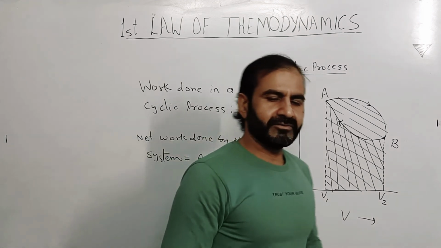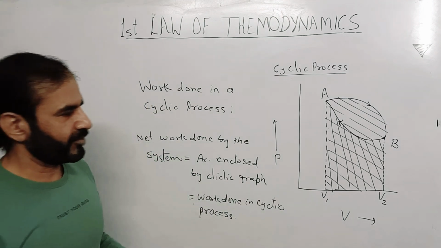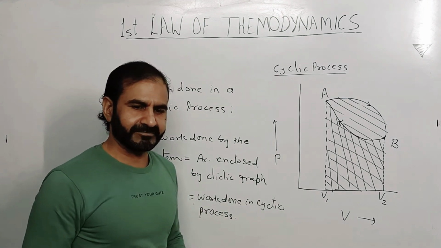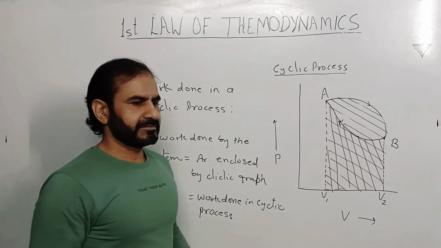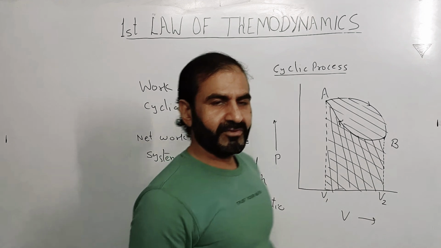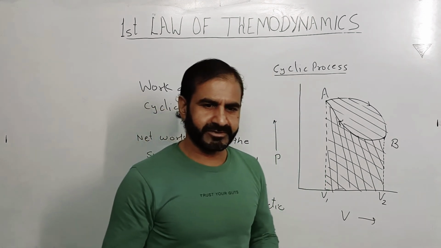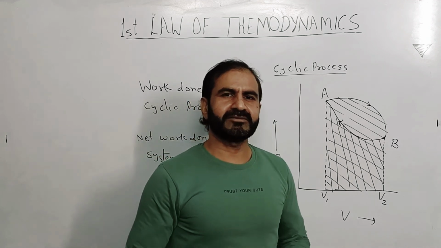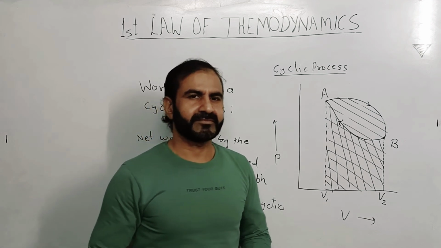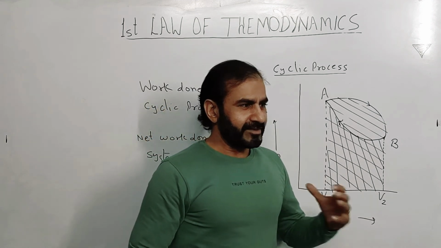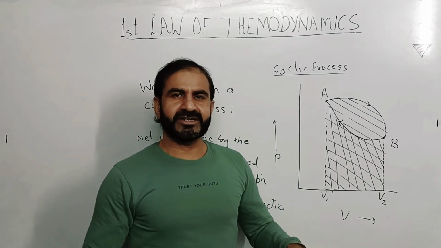Now we will discuss what the internal energy of any substance, of a body or of a thermodynamic system is. Any substance is made up of molecules and there is a force of attraction between the molecules. Due to the force of attraction, molecules possess potential energy. Any body, if it possesses potential energy, then some force is acting on the body.